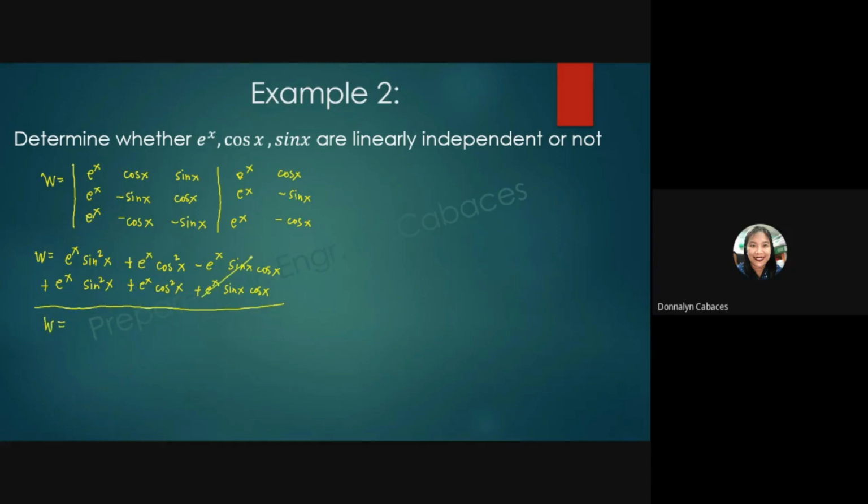And then you have here factoring out 2 e to the x. You now have 2 e to the x times sine squared x plus cosine squared x. And we know this is a trigonometric identity which is equal to 1.